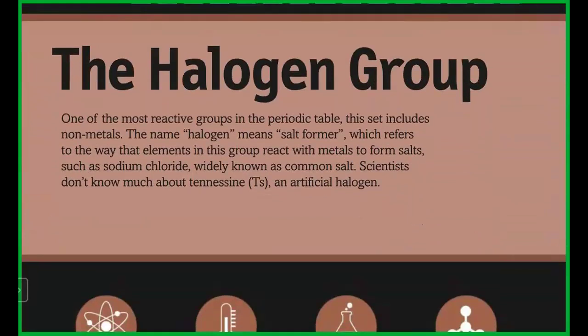Okay. So the halogen group is one of the most reactive groups in the periodic table, aside from the alkali metals. This includes nonmetals. The name halogen means salt former, which refers to the way the elements in the group react with metals to form salts, such as sodium chloride.